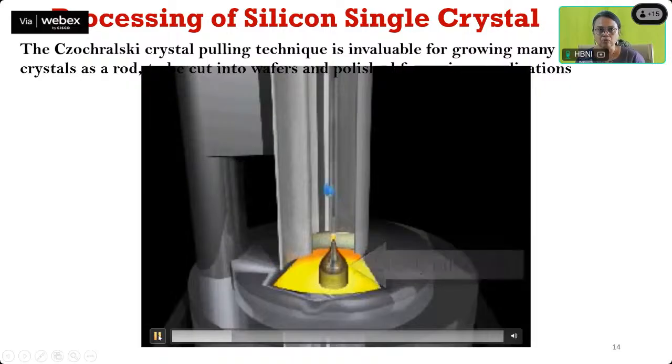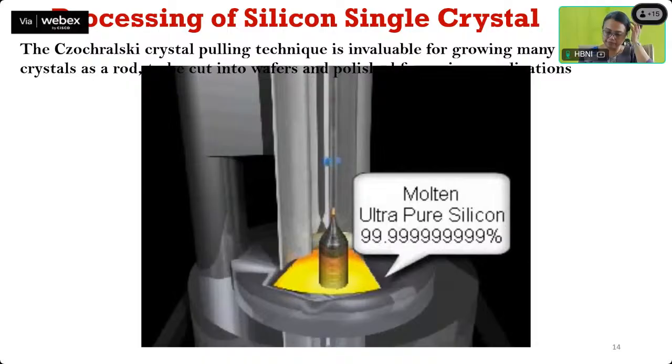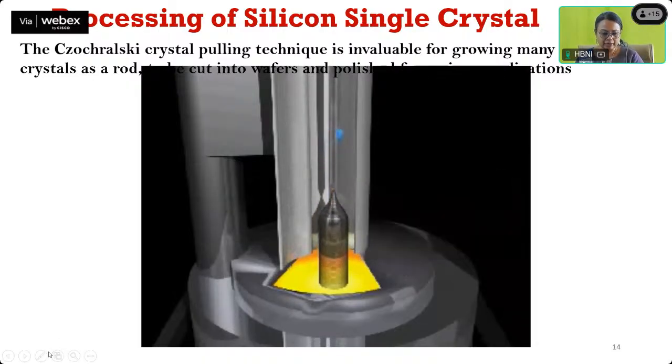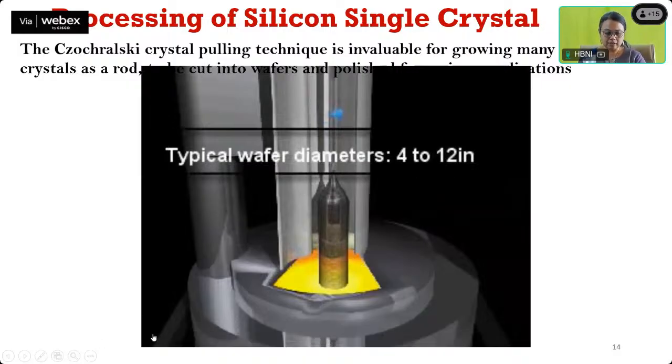This is molten ultra pure silicon, because when we grow silicon in the industry for your ICs, your phone, your mobile, it has to be very pure. The typical wafer diameter is 4 to 12 inch, as I was saying. Nowadays in the industry it is 12-inch diameter, that is 1 foot.